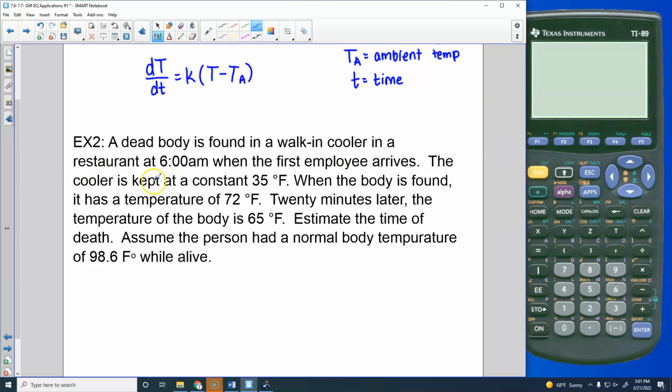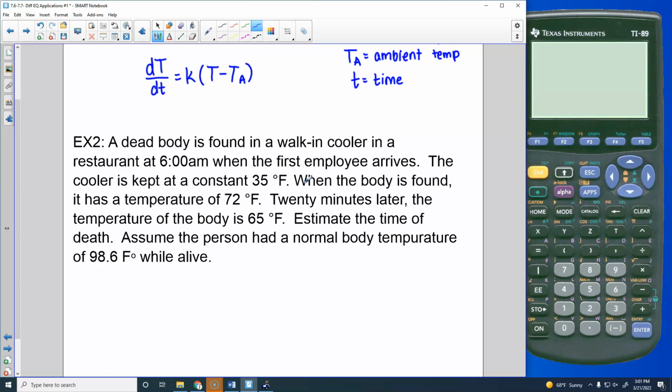the cooler is kept at a constant 35 degrees Fahrenheit. Newton's law of cooling becomes much more difficult if this is not a climate-controlled situation. So, for example, if you find somebody outside at the park, it's going to be more difficult to apply because the temperature overnight was probably not constant.